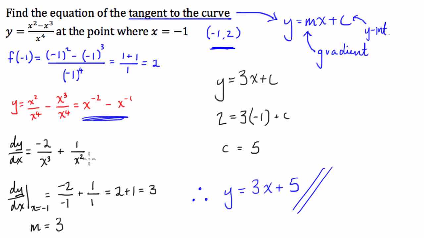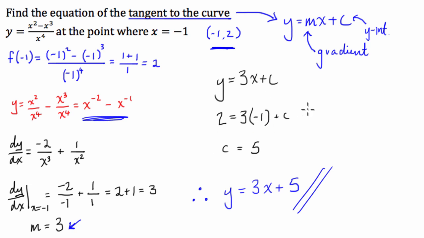We then differentiated it and then evaluated the differential at the point x equals -1 to get the gradient of the tangent, which we worked out here. Now, what we then did is we then substituted our gradient into our tangent formula and then inputted the coordinates of the point where the tangent and the curve touch.